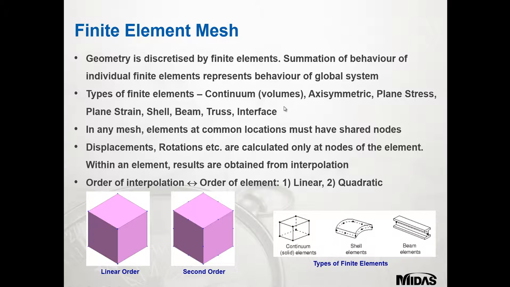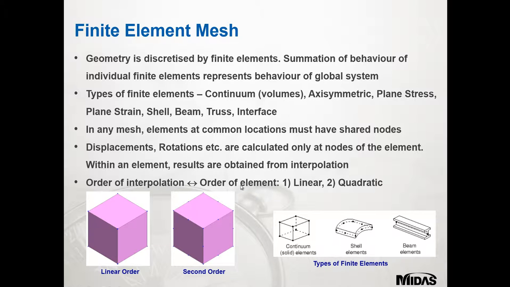So the types of finite elements are continuum or volumes, axisymmetric, plane stress, plane strain, shell, beam, truss, and interface elements. In any mesh, elements at common locations must have shared nodes. So this is between, say, two solid elements, I suppose. The displacements and rotations are calculated only at nodes of the element. Within an element, results are obtained from interpolation.